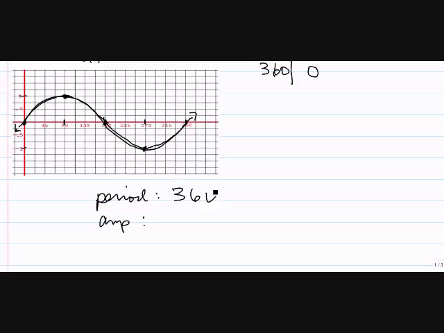So when I'm in degrees, I get 360 for the period. When I'm in radians, I get 2 pi for the period. And what's the amplitude? Still 1.